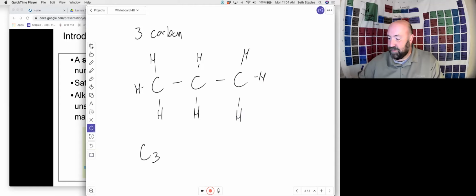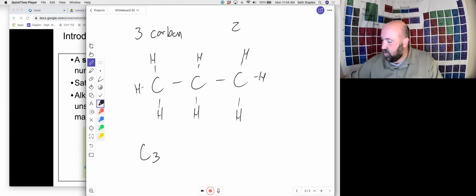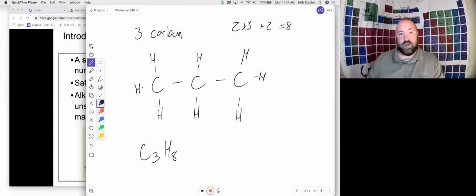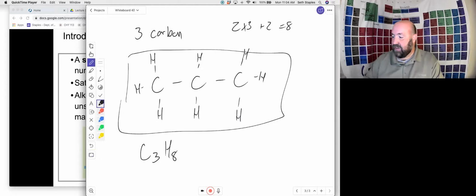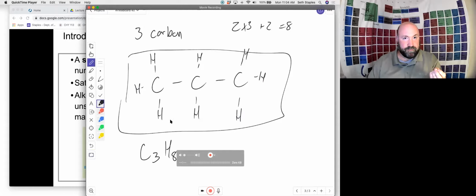And that's our 2n plus 2. So we have 3 carbons, 2 times 3 plus 2 equals 8. And so that's our number of H's. And so this is a saturated hydrocarbon. It has the maximum number of hydrogens that it could possibly have based on our number of carbons.